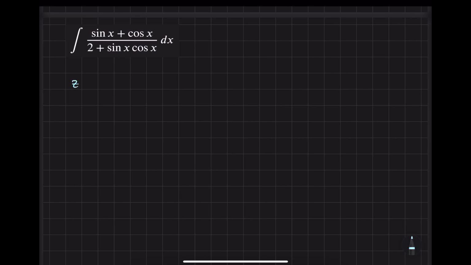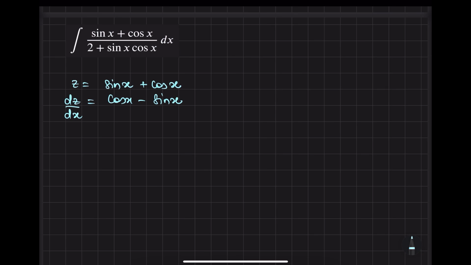So by hit and trial, let's pretend that we have to take z as sin x plus or minus cos x. For time being I am taking sin x plus cos x. So if we do differentiation, dz by dx, we will be having cos x minus sin x.